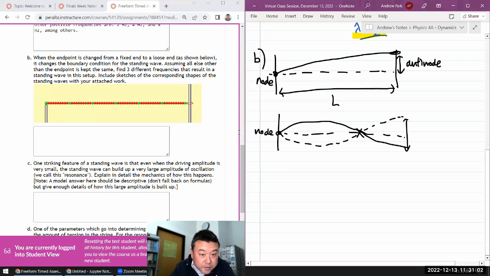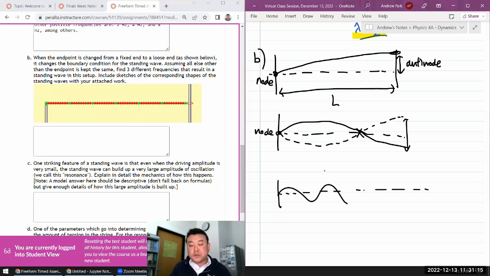But it doesn't say the 3 lowest frequencies, so I can do something more interesting than what I'm doing above. I can just start a wave and cross the axis willy-nilly, however many times. All I need to make sure is that at the very end point, I end with an antinode.